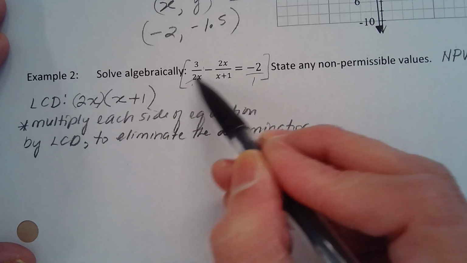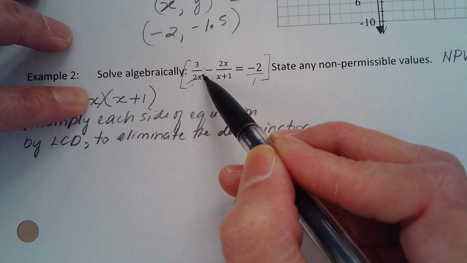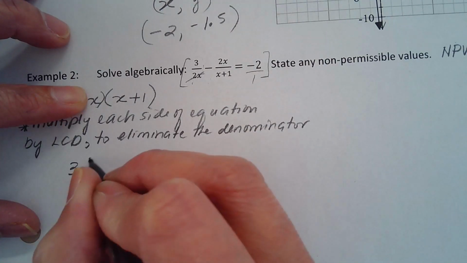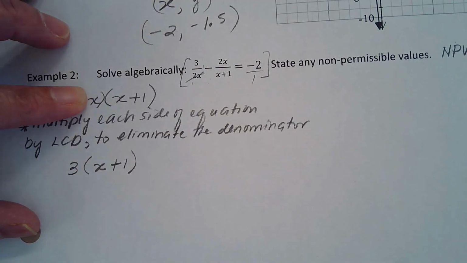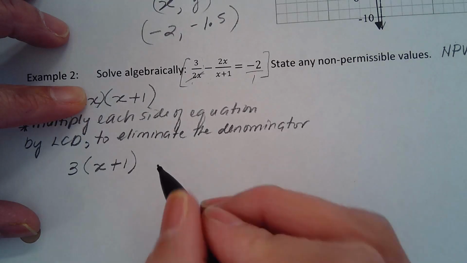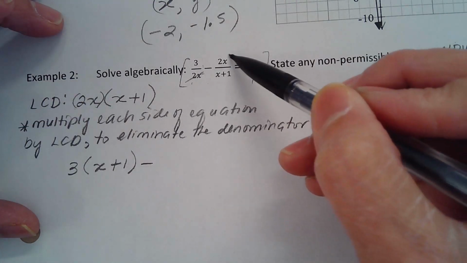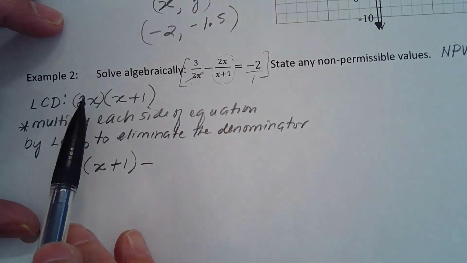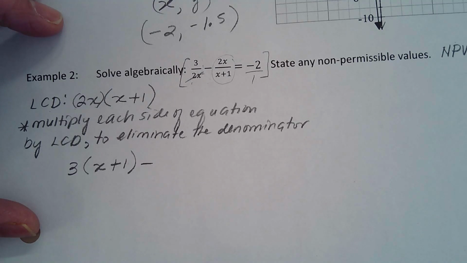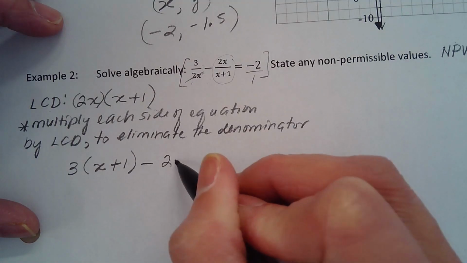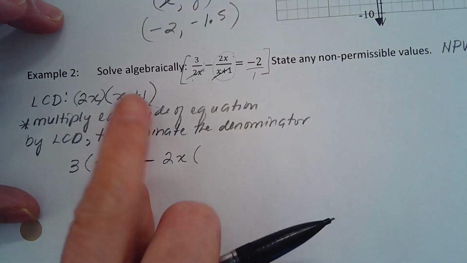We'll know that the 2x would cancel with this 2x, so we're left with 3 times x plus 1. Yeah, good, very good. Minus, okay, now if I take this one and multiply it with 2x times x plus 1, the LCD, what would we get? 2x times, okay, the x plus 1 will cancel this x plus 1.